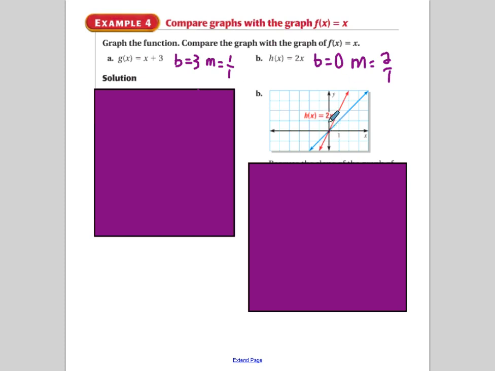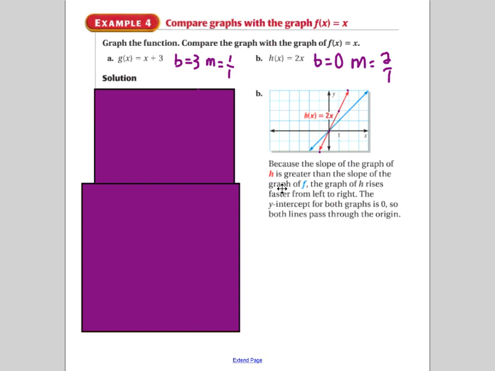I rise 1, 2, run 1, rise 1, 2, run 1. If I want to go the other way, right there, okay? So then I get my line. So we can say that they have the same intercept as the parent function, but different slopes, okay? Because the slope of the graph h is greater than the slope of the graph of f, meaning 2 is bigger than 1, the graph h rises faster, okay? So do you see it's steeper? And the y-intercept is just 0, like I said before, okay?